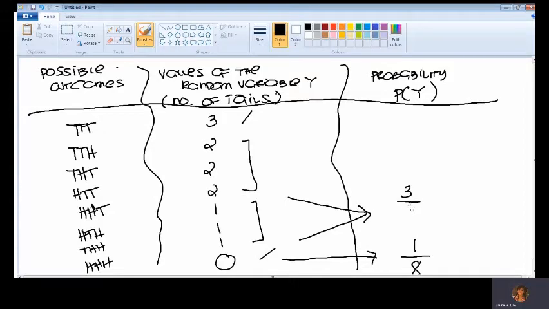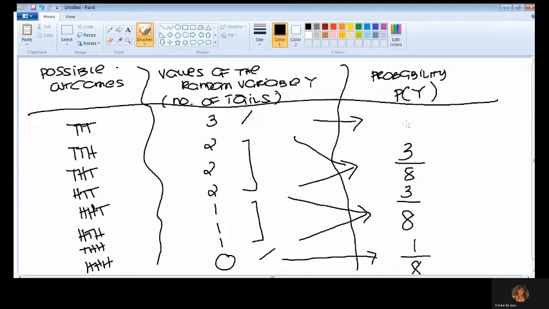So the probability that we shall assign to the random variable 1 is 3 over 8. Next, there are 8 possible outcomes and 2 tails occur 3 times. So the probability that we shall assign to the random variable 2 is 3 over 8.